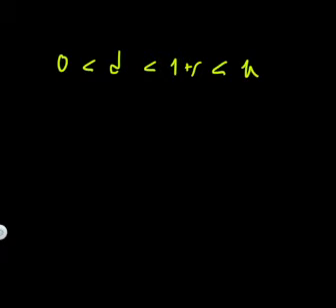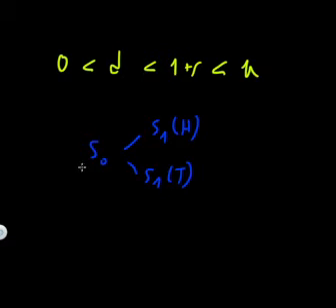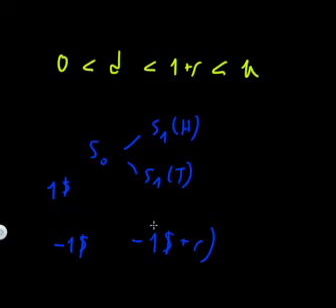Assume we have our stock market, S0, S1H, and S1T. If we borrow money, let's say we borrow $1 and buy the stock, we have $1 of debt towards the money market, which will be $1 plus R of debt.